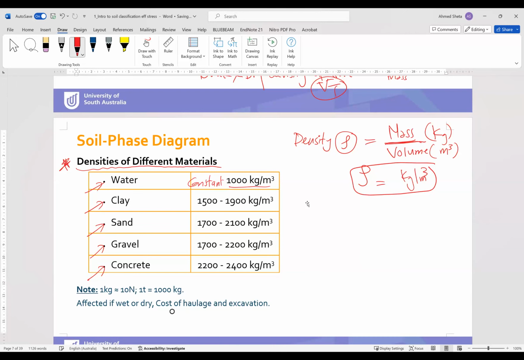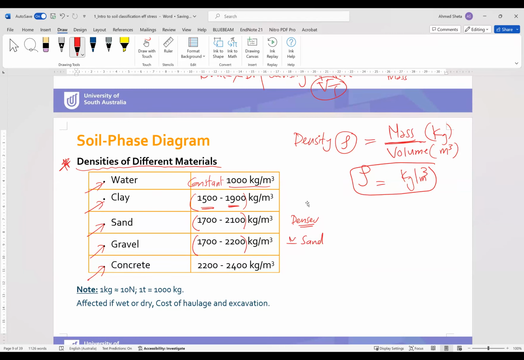Clay has a range of 1500 to 1900. Sand is a little bit denser, or has more weight, so it is 1700 to 2100. Gravel is quite similar to sand, so it is 1700 to 2200.